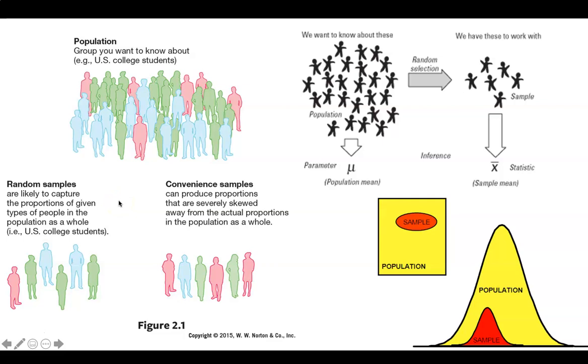Maybe you send out advertisements to every college in America, versus a convenience sample where maybe you just do Penn State, or maybe just your sorority or fraternity at Penn State. They may not be as representative as if you were to randomly contact students across the country.